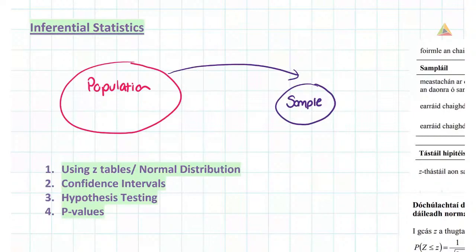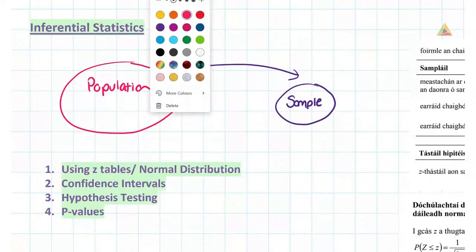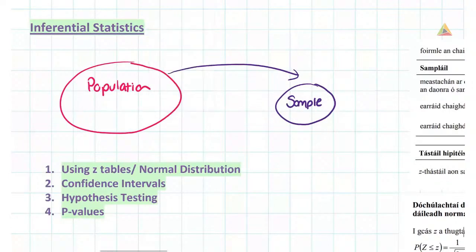And once we get our results from the sample, we take those results and we make conclusions, or we make inferences. A conclusion or an inference is basically the same thing. So we make conclusions or inferences about the population, hence where the name inferential statistics comes from.